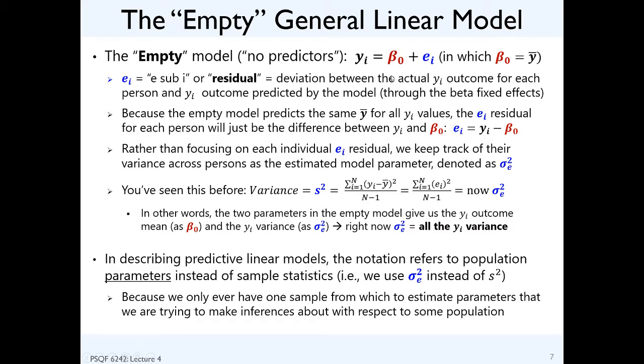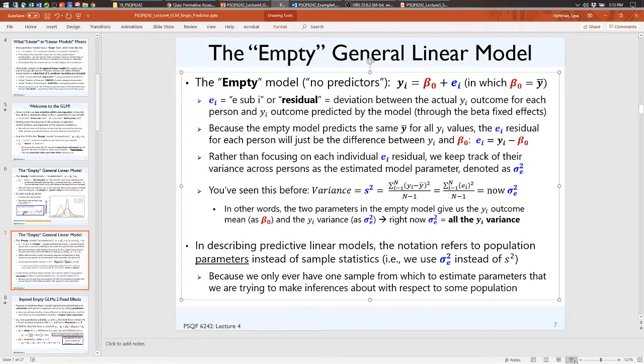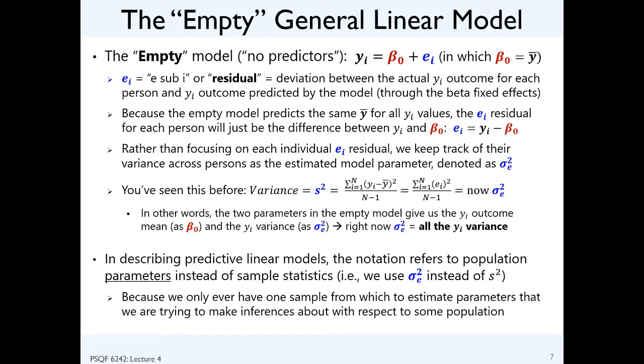It's the difference between the actual y sub i outcome and the one predicted by the model, the fixed effects of the model. So in this case, e is the difference between what you actually got for y and the mean.